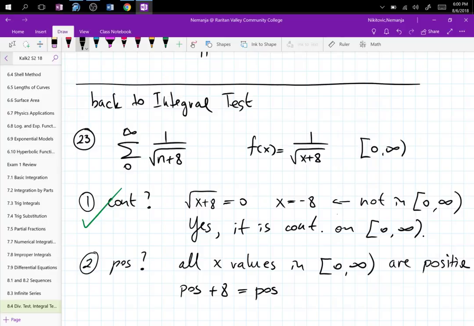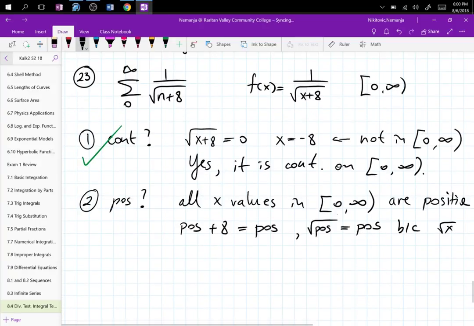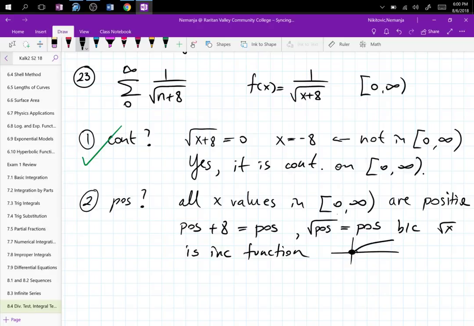The smallest positive integer is 1, plus 8 is 9, that's positive. So there is no way to make this negative by adding 8. And then square root of a positive number is a positive number because square root of x is an increasing function. We can also provide a little graph over here.